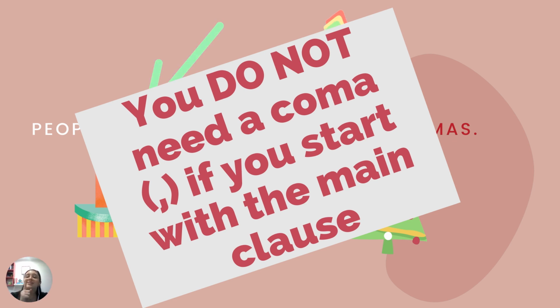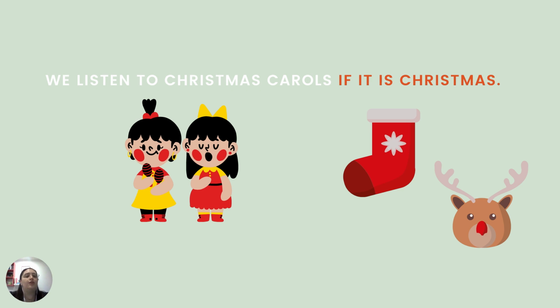You saw that is also a zero conditional sentence. You do not need a comma if you start with the main clause. Easy. Let me give you another example. We listen to Christmas carols if it is Christmas. Once again, in color white, we have the result and then we have the condition. Very good.